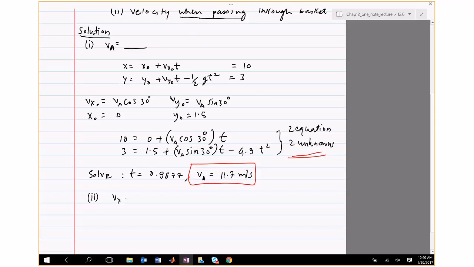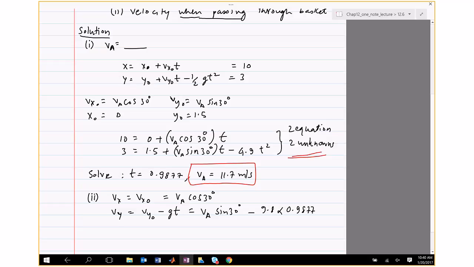Vx is Vx0. So Vx0 is the velocity in the x direction. That's going to be Va cosine of 30 degrees, same thing I wrote earlier. Vy is going to be Vy0 minus Gt. So the velocity in the y direction is Va times sine 30 degrees minus G, which is 9.8, times the time I just found, which is 0.9877.